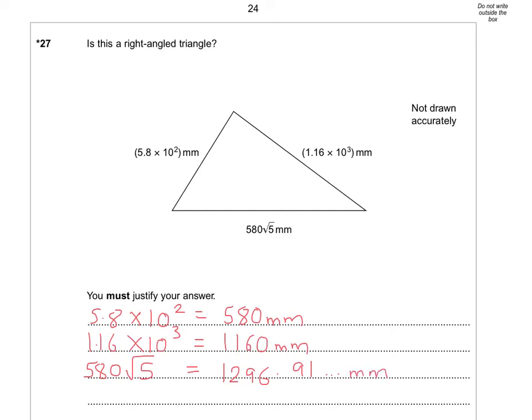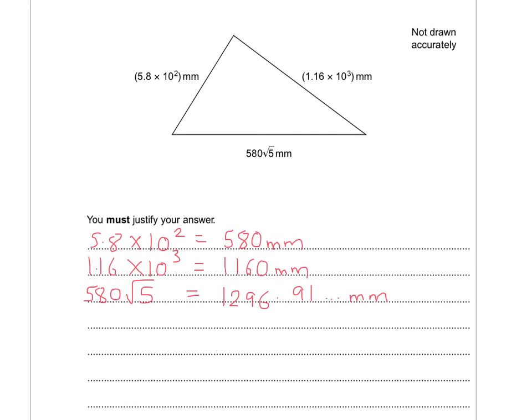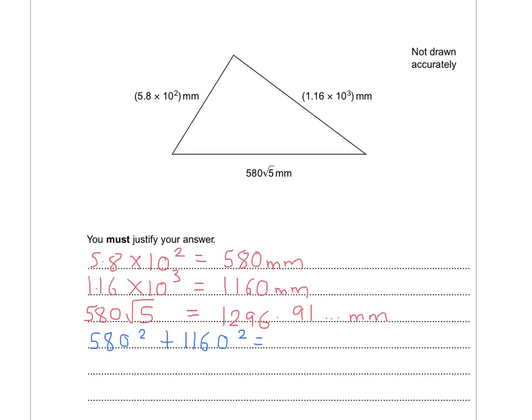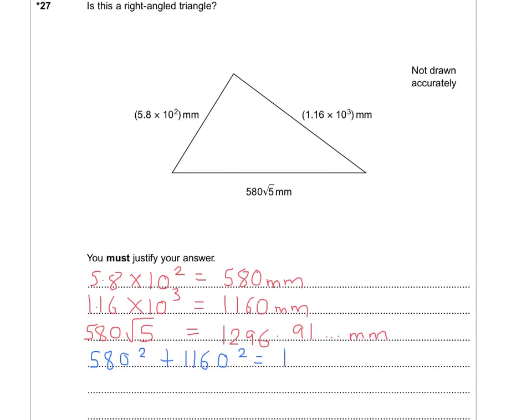Now, if this is a right angle triangle, then the two shorter sides, if we square them and add the squares together, should add up to the square of the third side. So, if we work out 580 squared plus 1,160 squared, that comes to a total of 1,682,000.